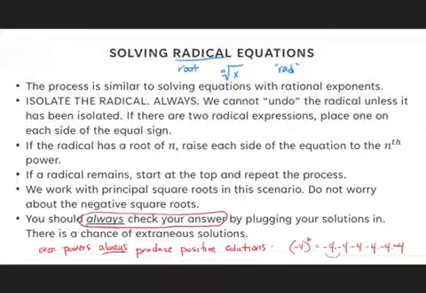Well, negative times negative is a positive. So this negative times negative is a positive, and this negative times negative is also a positive. So I'm actually just multiplying 3 positive numbers, and my answer is going to be positive. So it doesn't really matter what I'm multiplying.